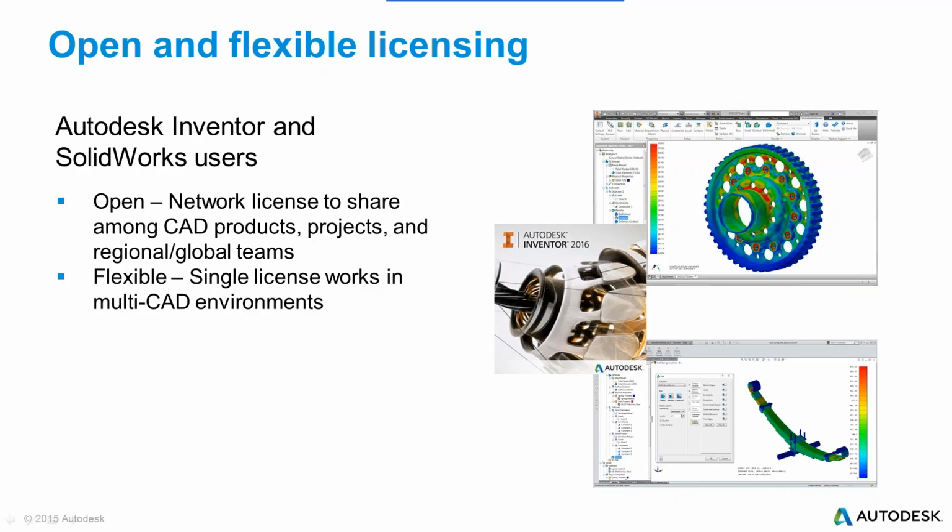So we don't necessarily need an individual license for every user. We can utilize network licensing to have a couple of software licenses that accommodate multiple users. Again, whether it's in Autodesk Inventor or SolidWorks, that same license will work in both situations.